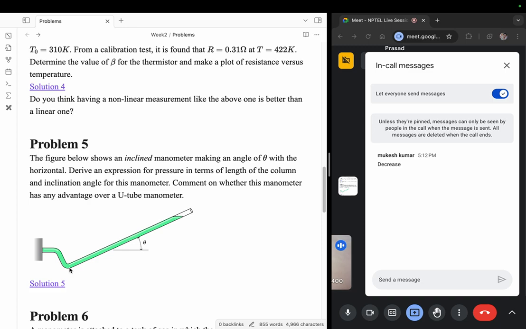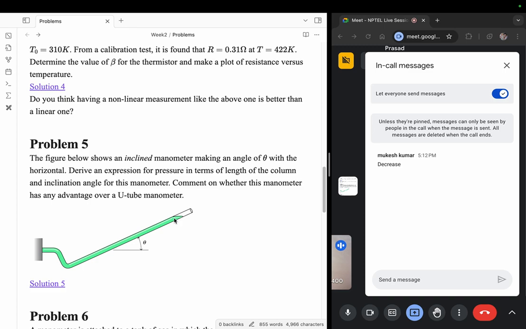Or let's say I give you the length of this column. When you have this manometer, it is a graduated cylinder, so you'll have some markings on it, and based on those markings you will only be able to calculate the length of this particular column. So let's say I give you the length to be L. So what will be the pressure?